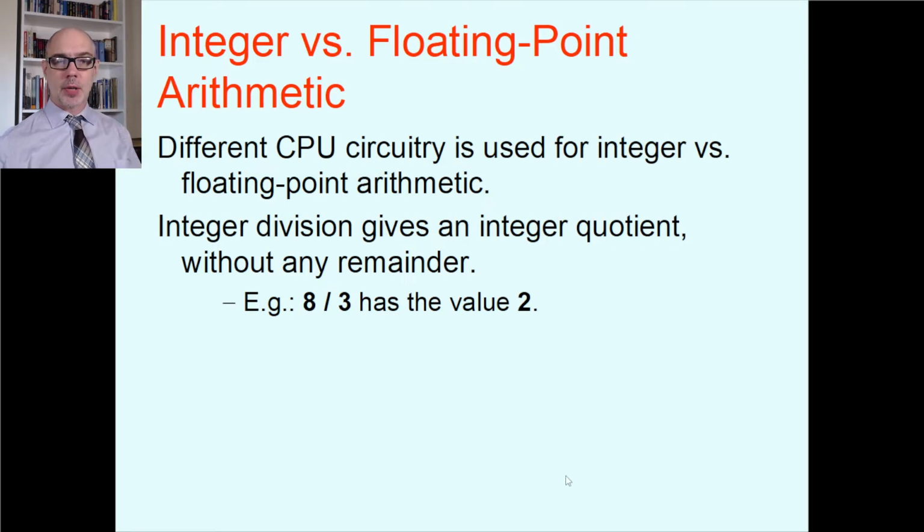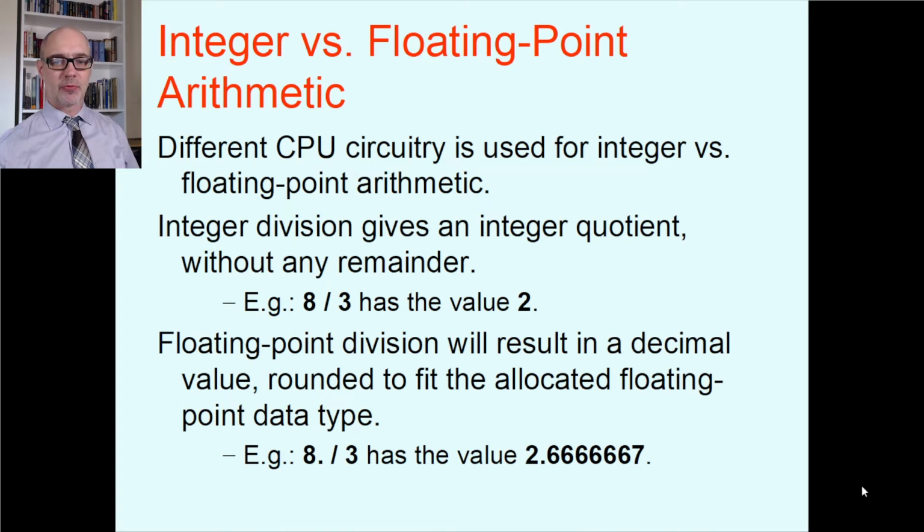Anyway, before we see that, let's talk about division for floating point values. Now, floating point division, if you're dividing one or more floating point values, that will result in a decimal value that's rounded off to fit the allocated floating point data type. So different example here. It almost looks the same, but what I have here is if I wrote in C++ 8./3, and the point immediately tells C++ that this is a floating point value.